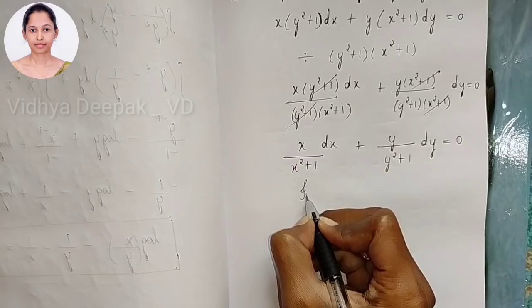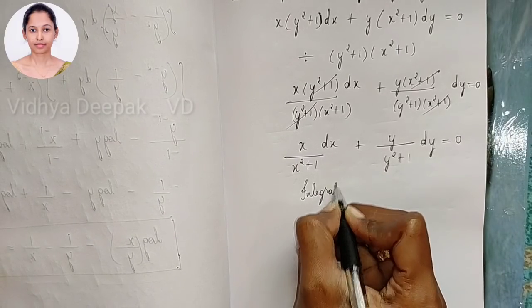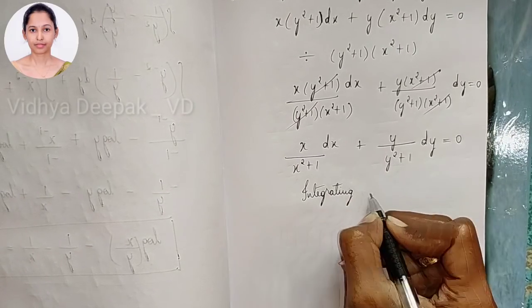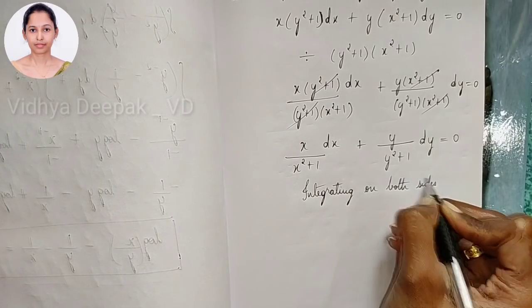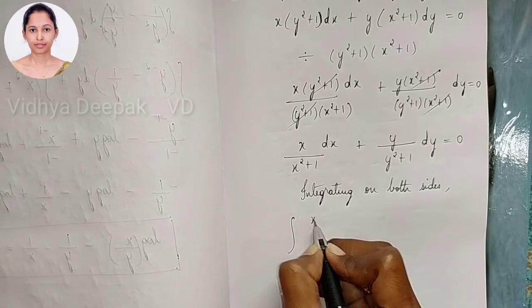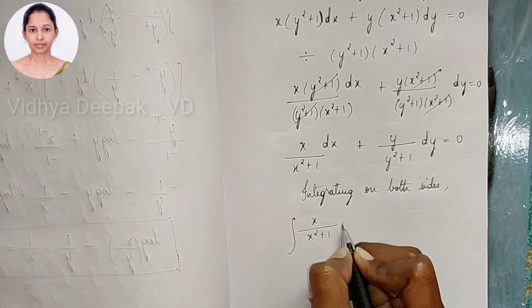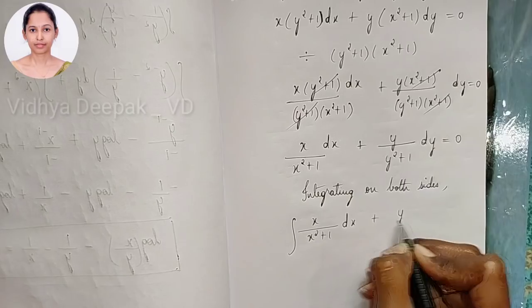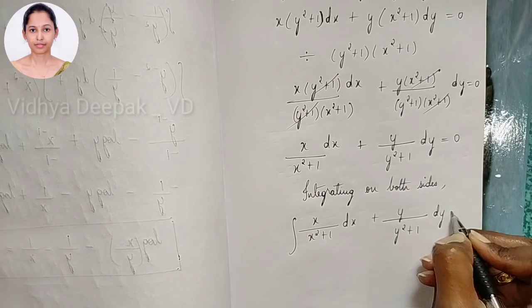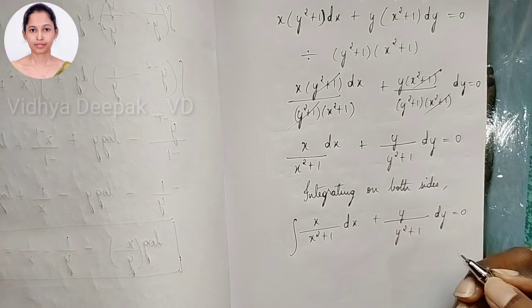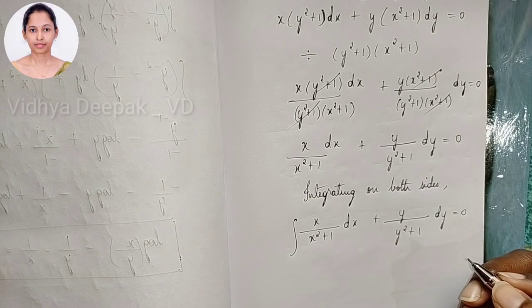Now integrating on both sides, what do you get? We have integral of x by x square plus 1 dx plus y by y square plus 1 dy is equal to 0.